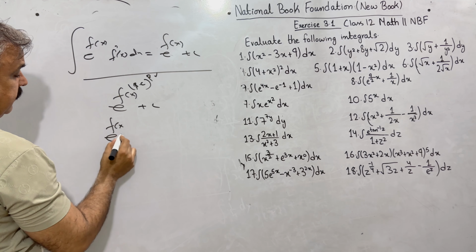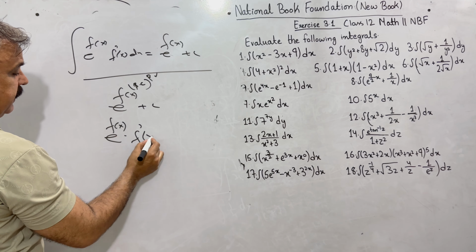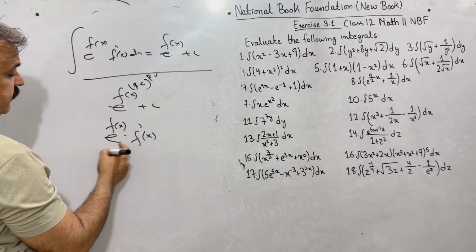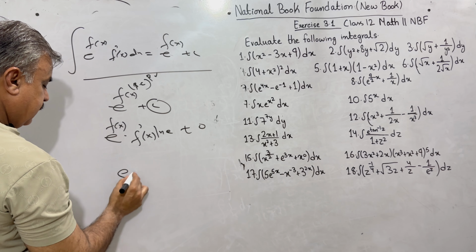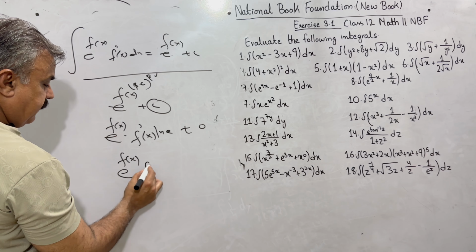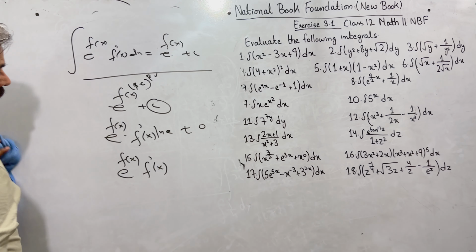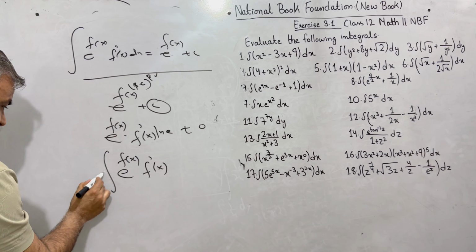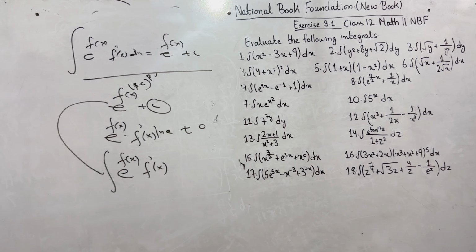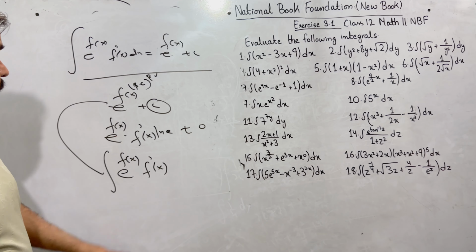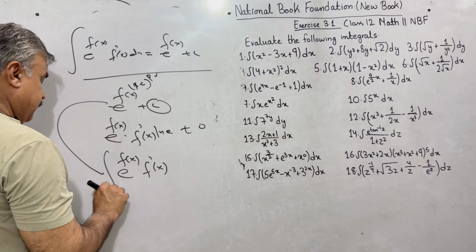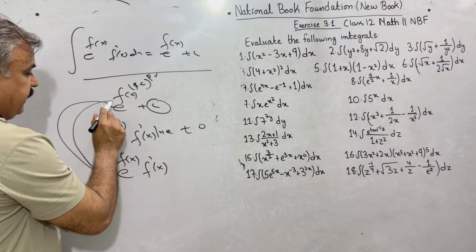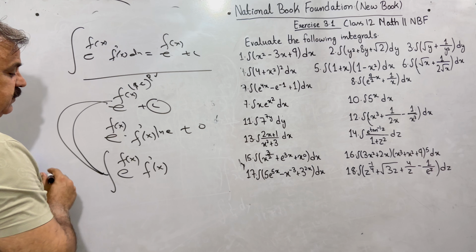Differentiation of the power becomes f dash x, base with ln e, and differentiation of a constant is 0. So we have e raised f of x times f dash x. So the differentiation of this one must be this. In order to find which function it is the derivative of, we have to integrate, and here is the net result.